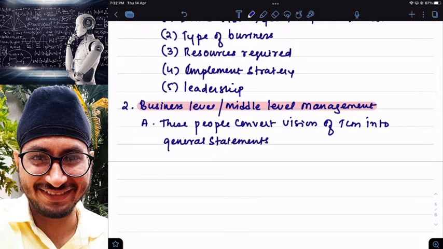This means these people will help top level management to actually achieve their vision.